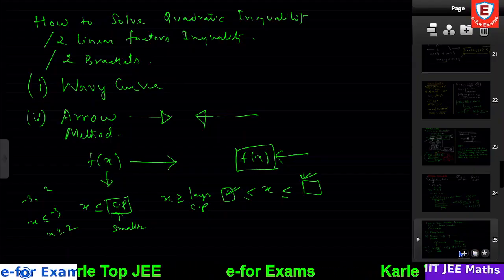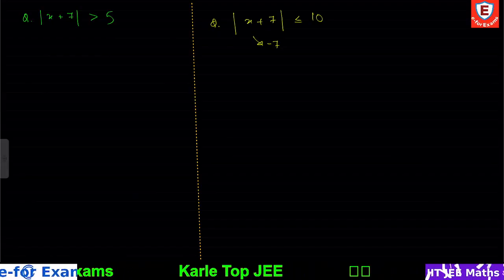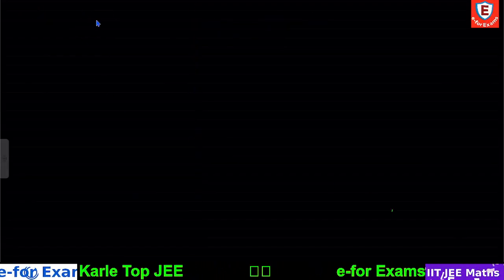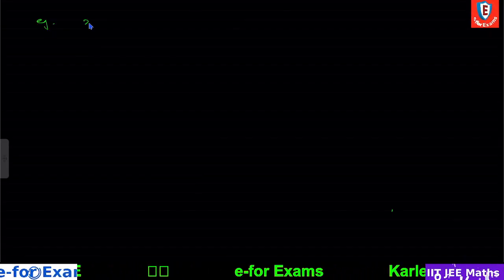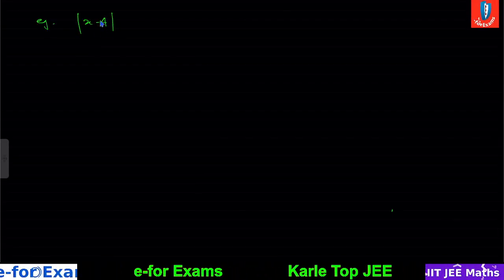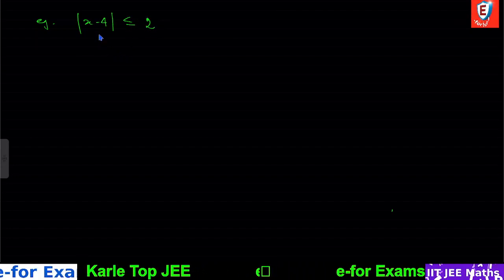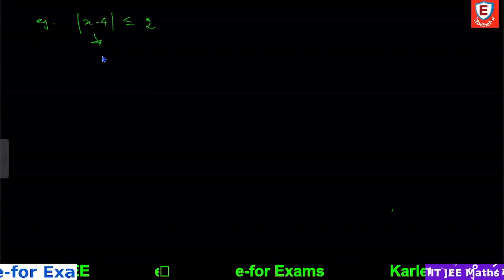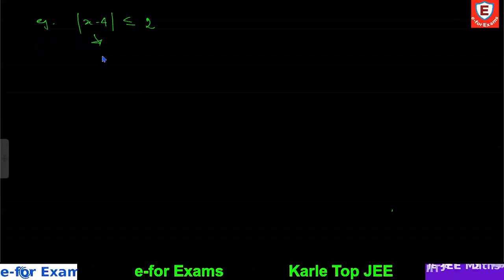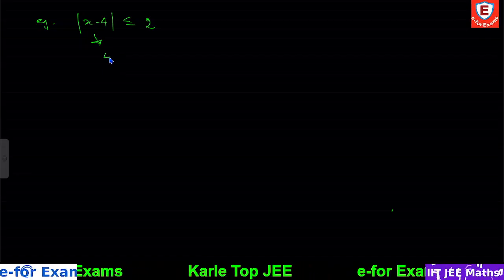Let us do some more examples. Let us do this example: mod of x minus 4 less than or equal to 2. What is the critical point? Four, right?